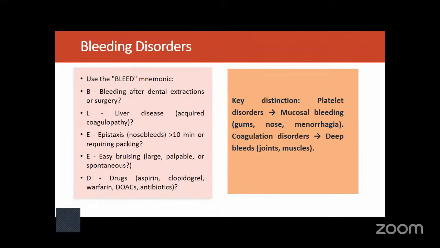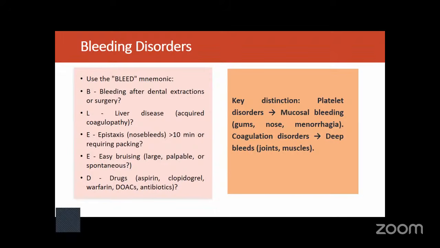Epistaxis, that is, nosebleeds lasting longer than 10 minutes. In this case, you want to ask the patient when the onset of the epistaxis was. If it's new onset in an adult, that is something you worry about. If it has been happening since childhood, what are the things that predispose them to nosebleeds?